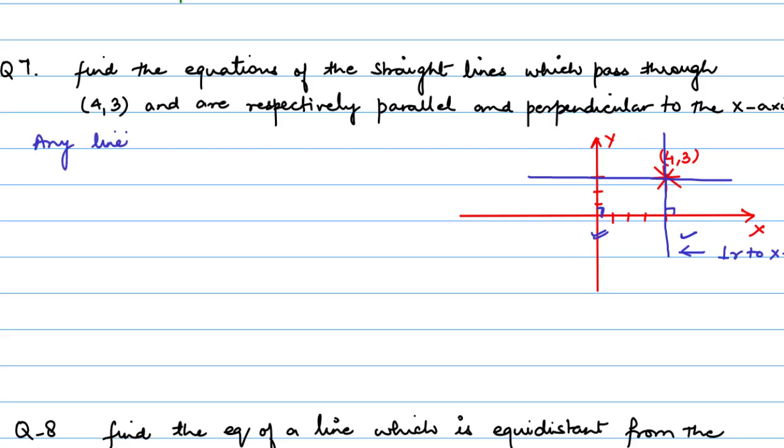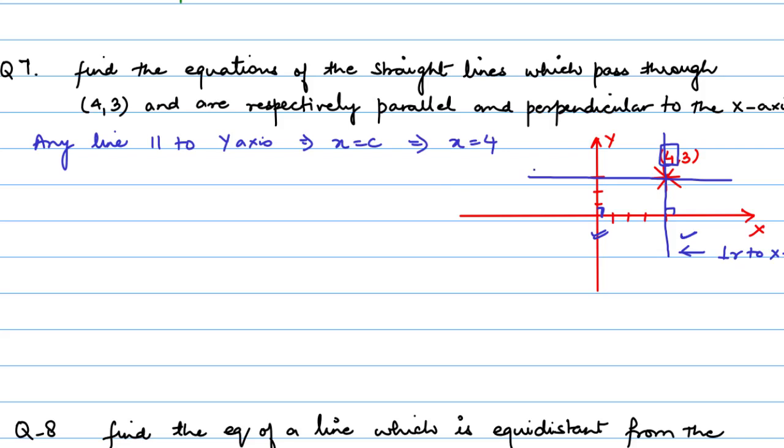Any line parallel to y-axis is of the form x is equal to c. Now what is x of this line? This line is passing through (4, 3), therefore the x coordinate of all the points on this line would be 4. Therefore the equation of this line would be x is equal to 4.